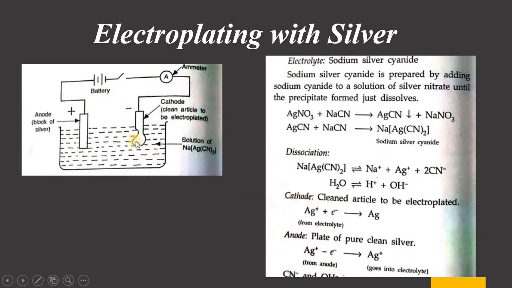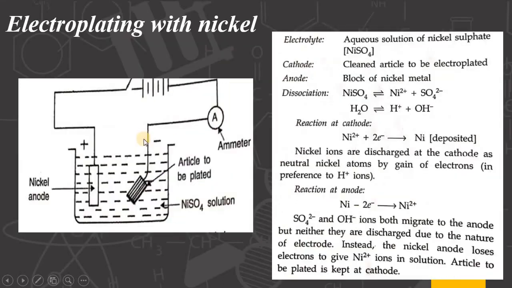The article is washed with hot solution of caustic soda, followed by dilute sulfuric acid and water. It is now thoroughly washed with detergent and several times with distilled water. So this type of cleaning process can be followed with this process also when you will be doing the deposition with nickel also.